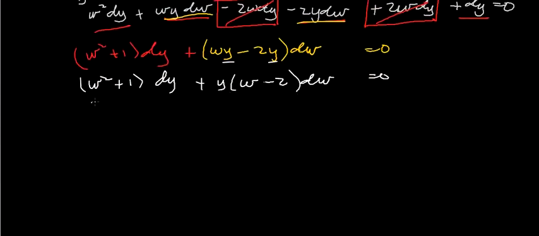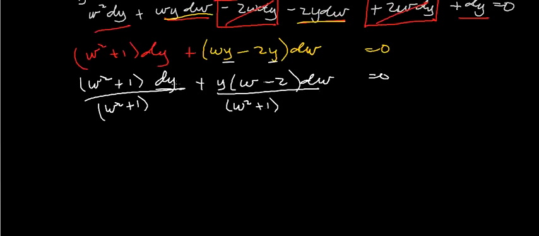So how can we separate these terms? Since we have dy here, you need to divide by this, and this one also. Since we have y here, let's divide this by y.